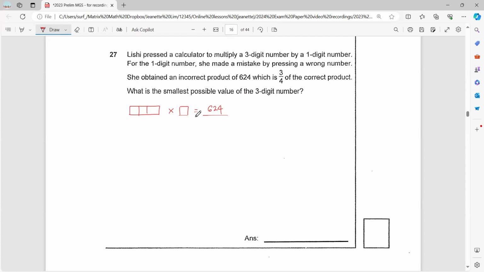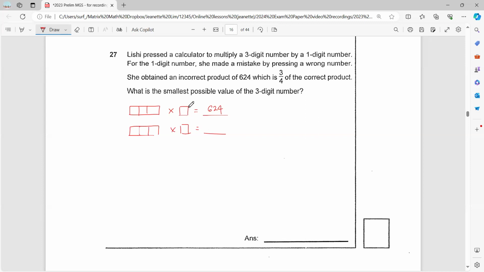It means that this 1-digit number is 3/4 of the correct 1-digit number. Okay, because this number didn't change, right? This 3-digit number didn't change. But because this number is wrong, it became 3/4 of the actual. So this 1-digit number is actually 3/4 of the correct 1-digit number.